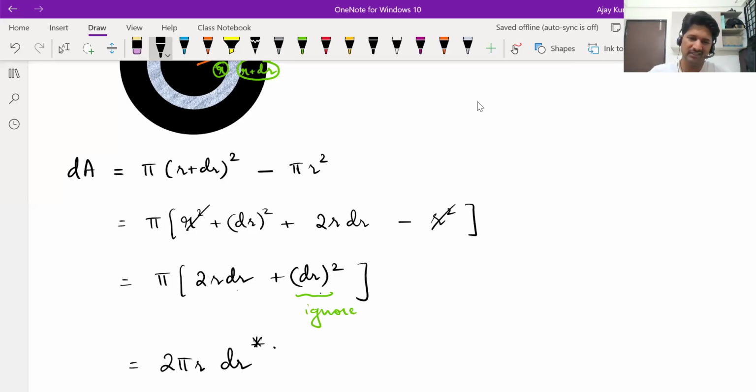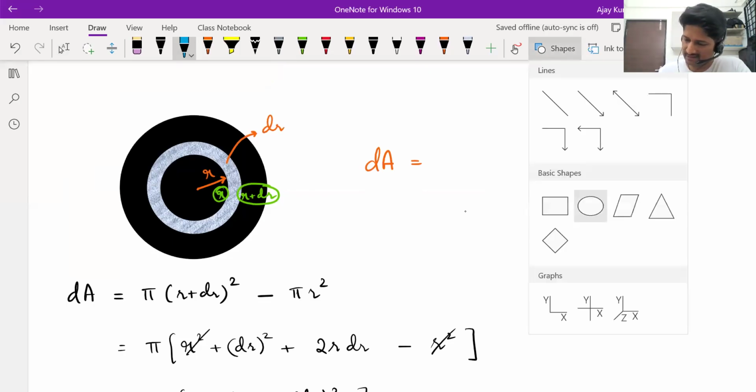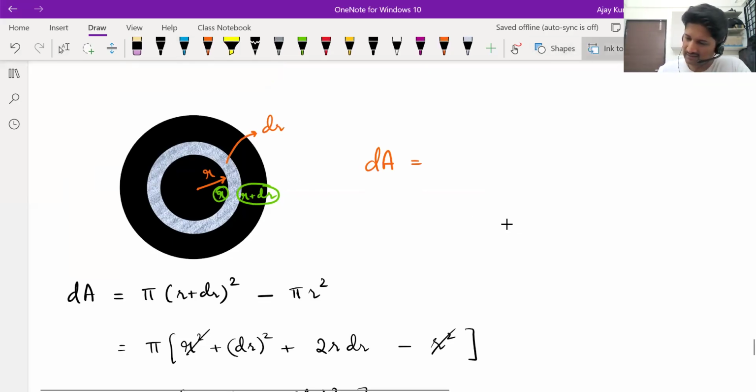We use this in the derivation of the electric field produced by a disk also. Some of you were not there at that time. Now visualize what 2 pi r dr means for this ring. 2 pi r is this circumference, and dr is the thickness.